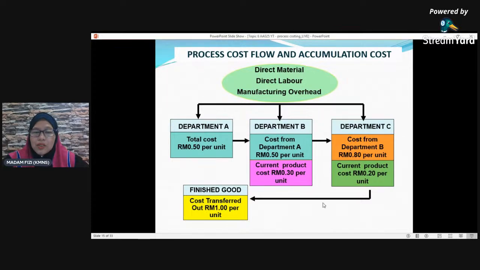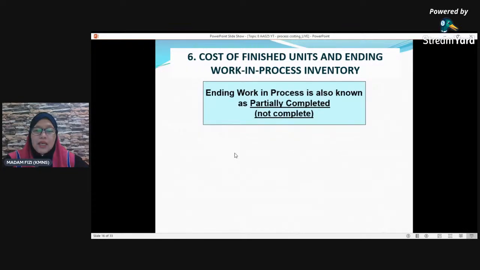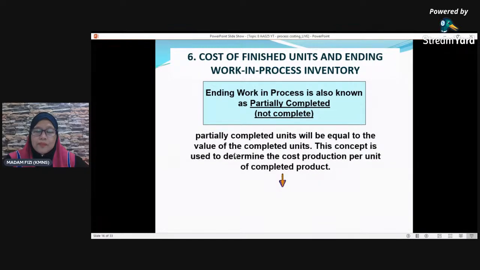Okay, now we continue. I hope you understand the situation. Now we continue. Cost of finished units and ending work in process. So I repeat. Ending work in process is also known as partially completed. Partially completed maksudnya separa siap. Maksudnya dia belum siap. So that is the ending work in process.